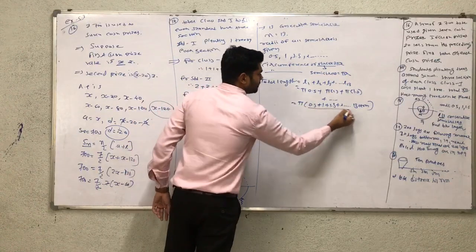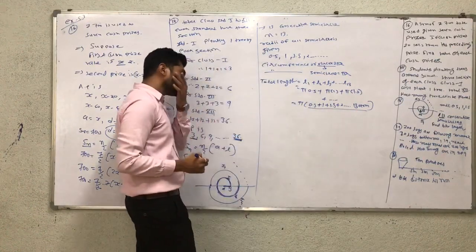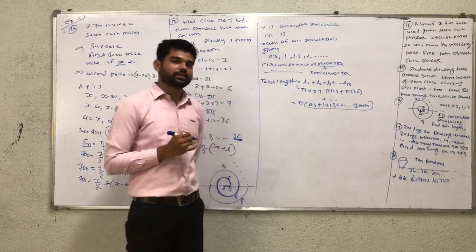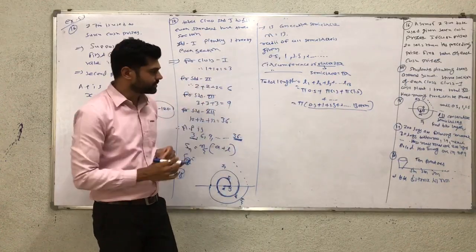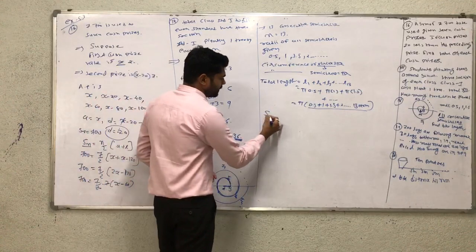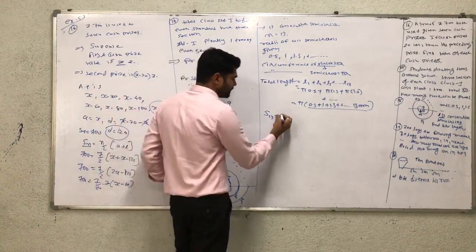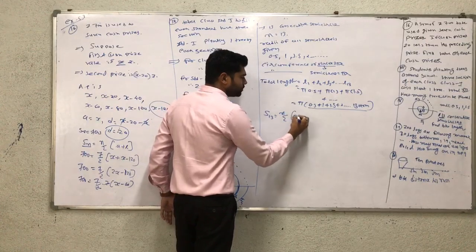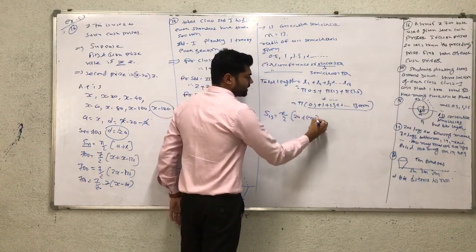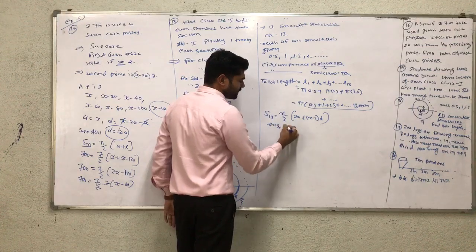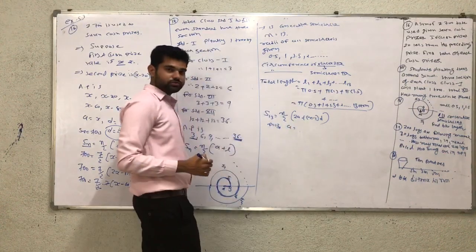Now here an AP is given up to 13 terms. So first we have to find the total length in this situation. Using Sn, S13, total 13 consecutive semicircles, therefore S13 is equal to n by 2 into 2a plus (n minus 1) into d. So take n equal to 13. Here A is the first term.